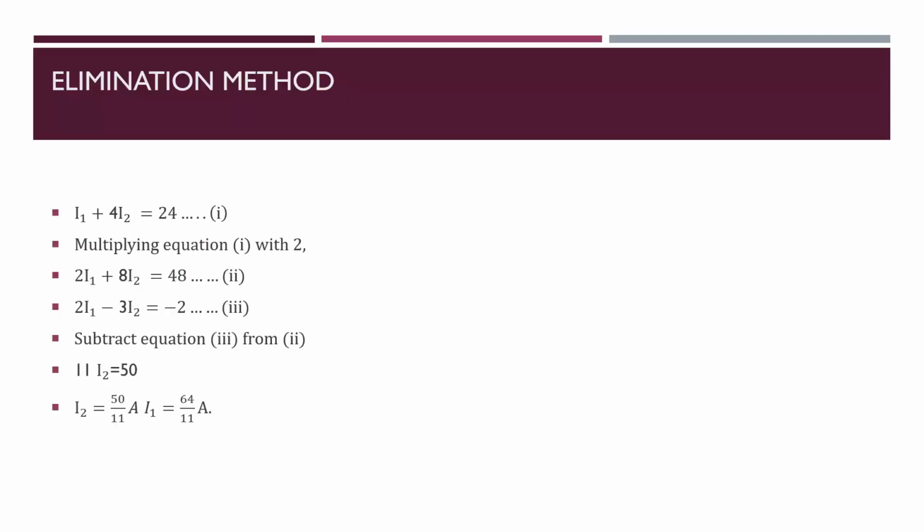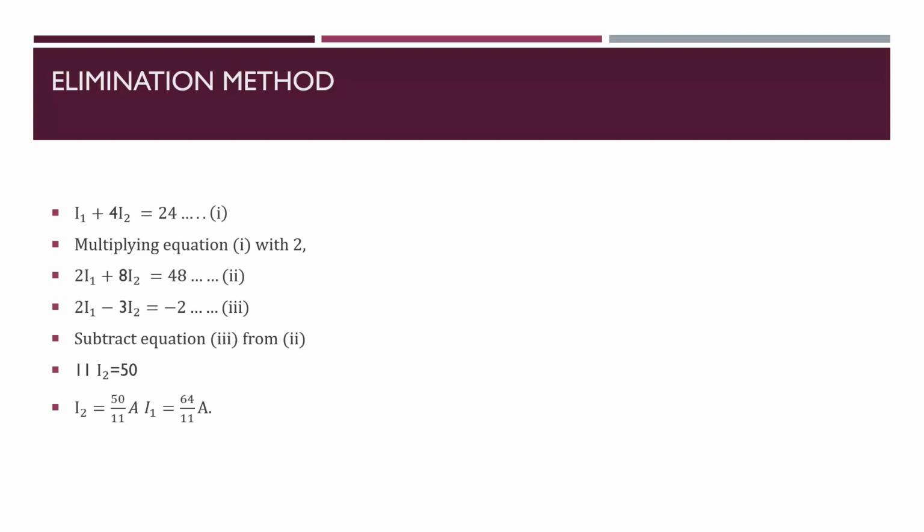Here I have solved the same equations using the elimination method. The first equation I have rewritten in the form of I1 and I2: I1 plus 4I2 is equal to 24. Now I am multiplying this equation by 2 so that I get a common coefficient. The equation becomes 2I1 plus 8I2 is equal to 48, and the second equation is 2I1 minus 3I2 is equal to minus 2.